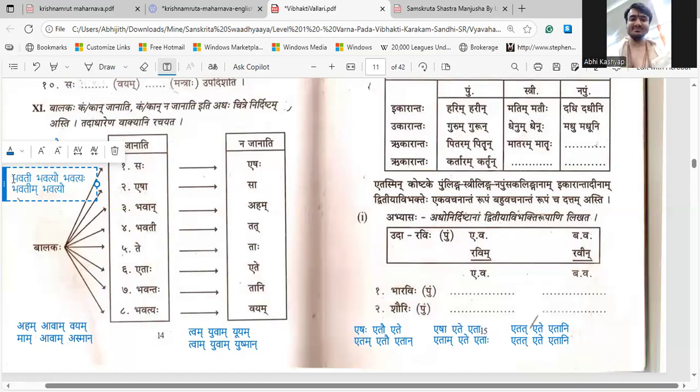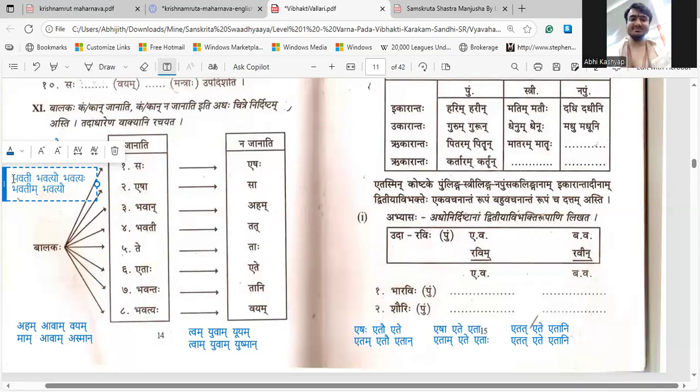Here, the change is going to be similar to Akaranta. You remember Akaranta Strilinga? Rama, Rame, Ramaha, Ramam, Rame, Ramaha. So here what will happen? Bhavatyaha?